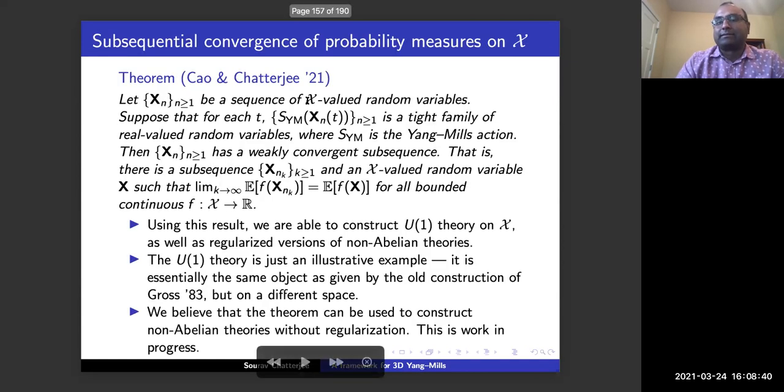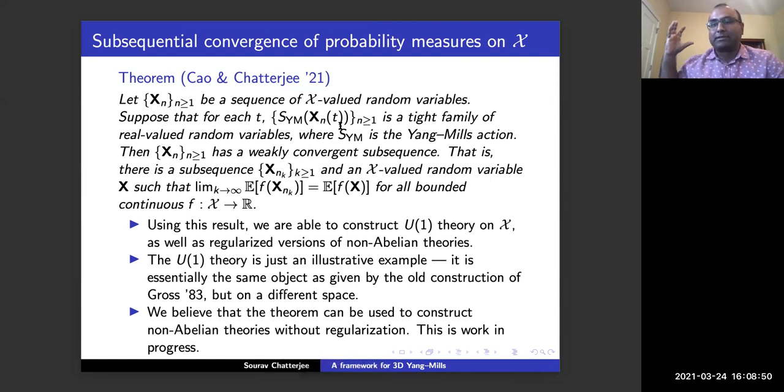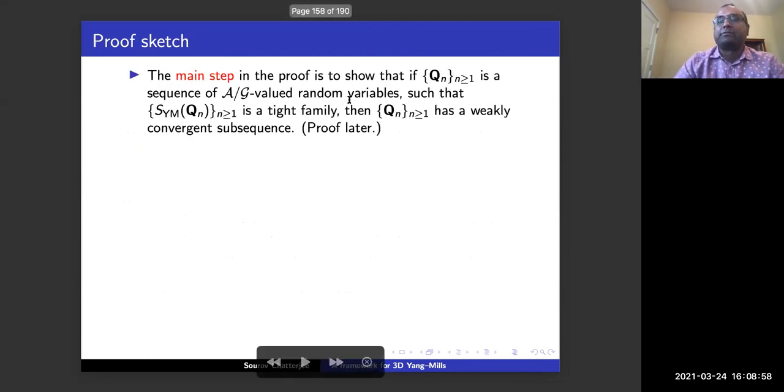Yes, for each t greater than 0. Yeah, each t is strictly bigger than 0. So here you have a composition of two maps. You first take the map which evaluates at t. Then you take the Yang-Mills action. So in two steps you go to the real line, and here you just go in one step to the real line from A/G.